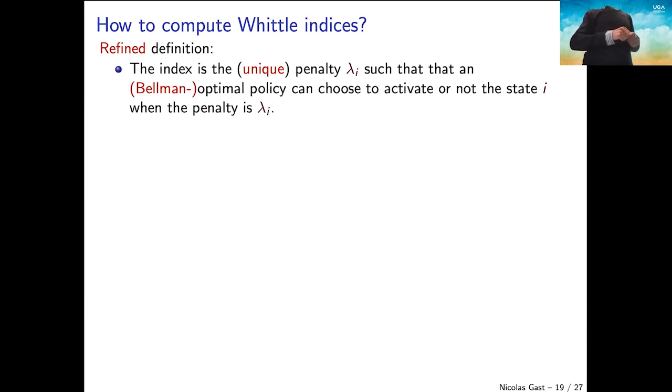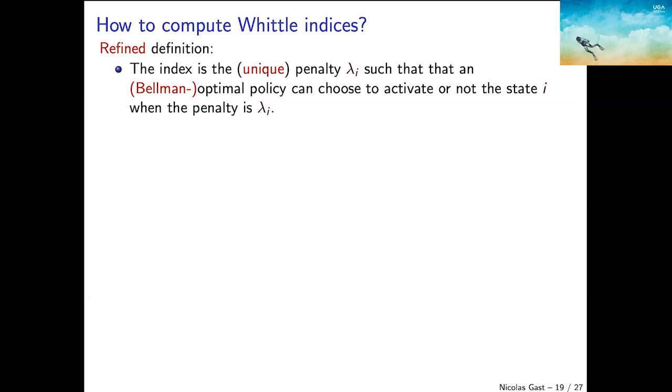And the other thing is that there are some models for which the penalty is not uniquely well-defined. If you look at the policy, for instance, it is blue, then there is a separation, and after that it's white. But maybe in this region, I don't care if I activate or not.